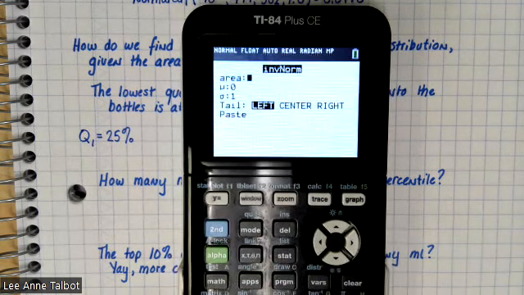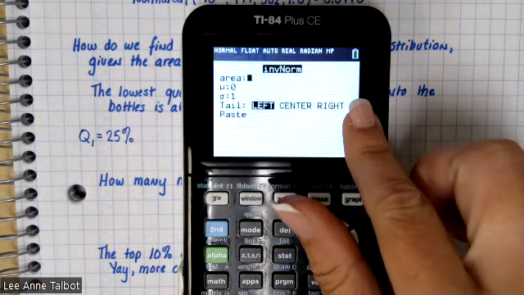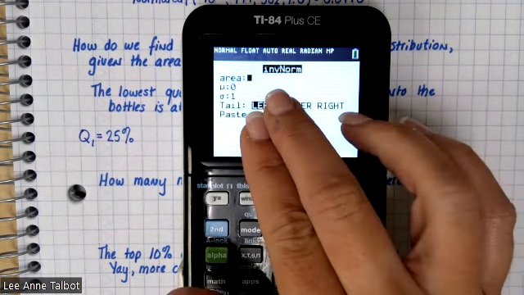If you have an older calculator, you'll see why mine is better. On the newer calculators, they let you specify left, center, and right. On the older calculators, they make you go with left every time.